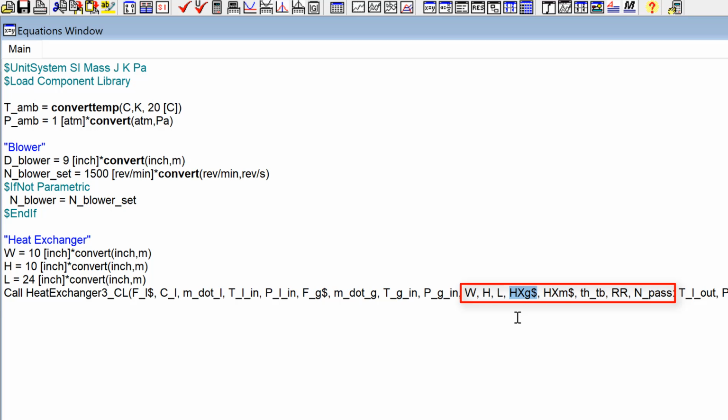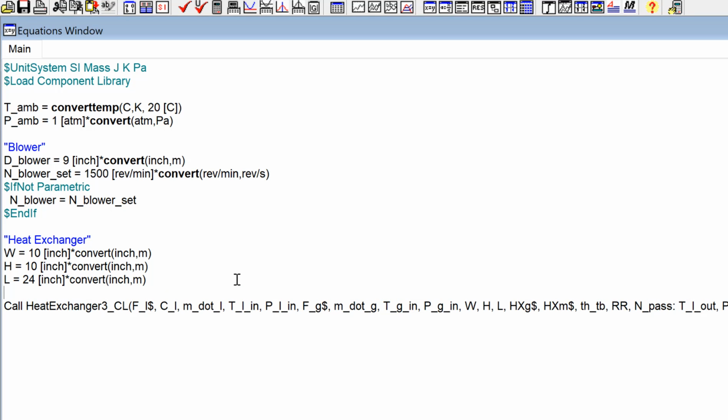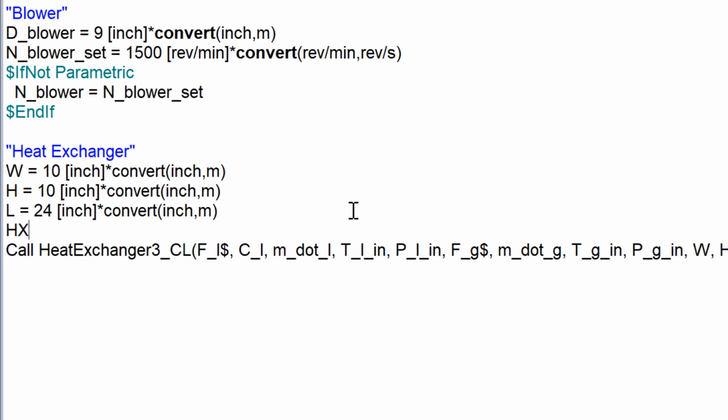And then we need to know the geometry, so I think that is the compact heat exchanger geometry core we're going to use, what the material is, the thickness of the fins, the relative roughness of the tubes, and then the number of tube passes. So let's go ahead and put in some reasonable values for that.